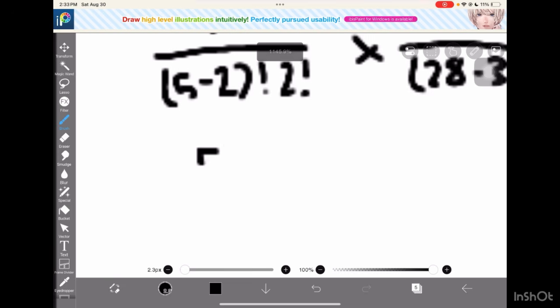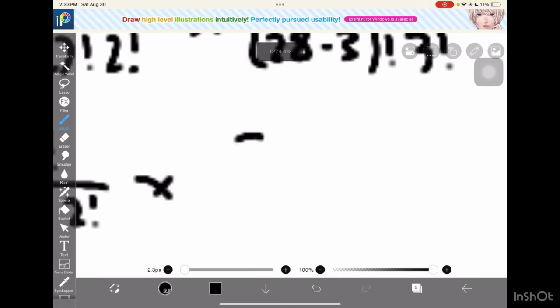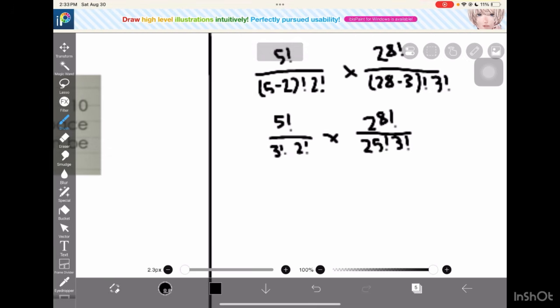Simplifying this, we get 5 factorial times 28 factorial over 3 factorial times 2 factorial times 25 factorial times 3 factorial. Let's look at this in the calculator.